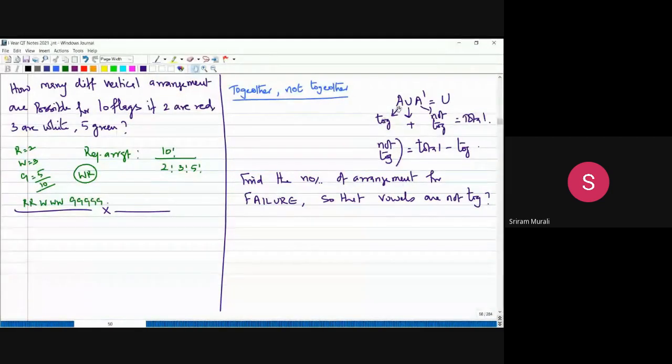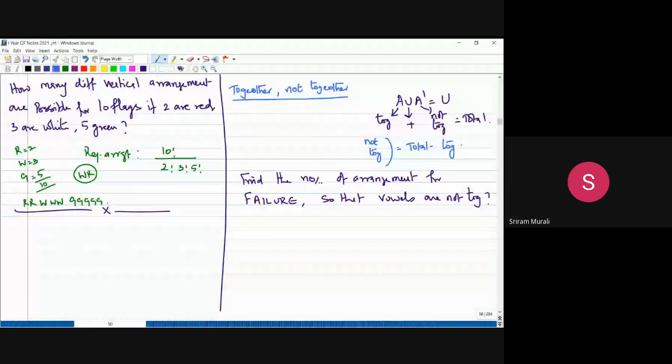So this A is acting as together, union is acting as plus, A bar is acting as not together. This is equal to total arrangement. So whenever they ask not together in the question, you can write it as total minus together. That is, not together is equal to total minus arranging together.